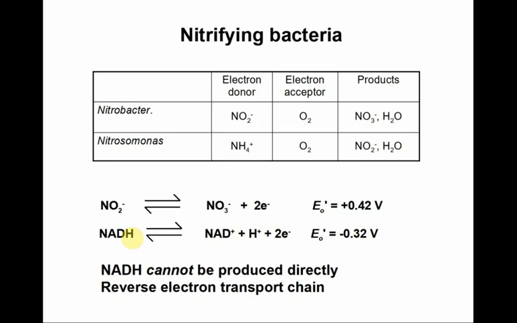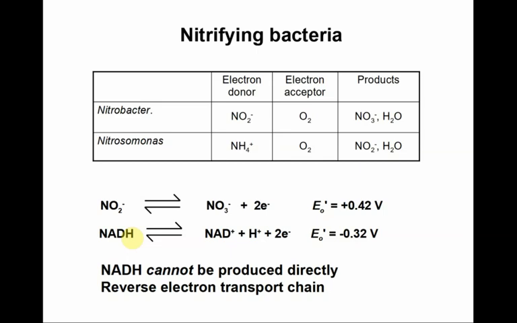Even if there's nothing else happening in the electron transport chain, you just have the final step where the electrons go onto molecular oxygen. This is going to use up protons on the cytoplasmic face of the bacterium, and that's going to generate a proton gradient. And you can use the proton gradient to generate ATP, just like we saw.